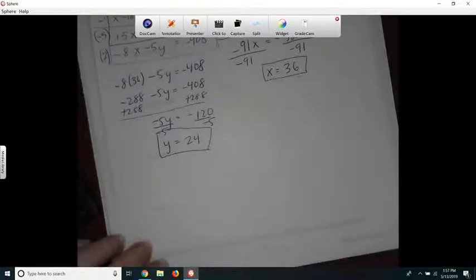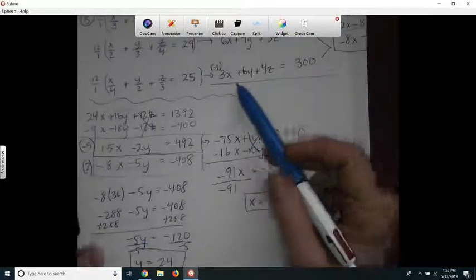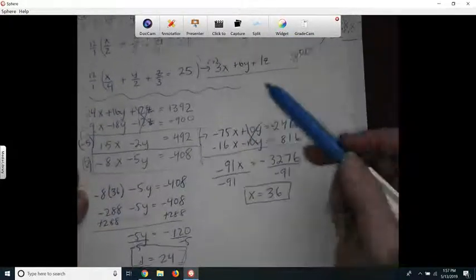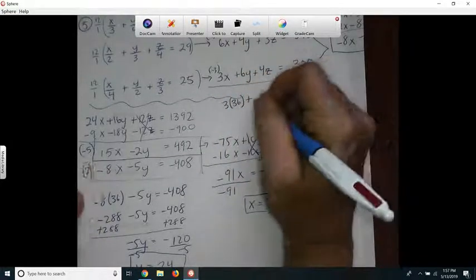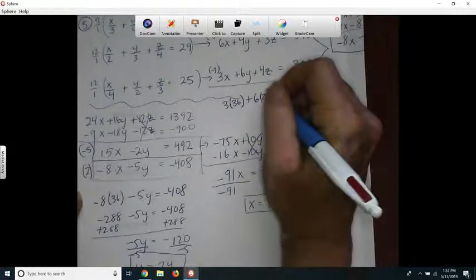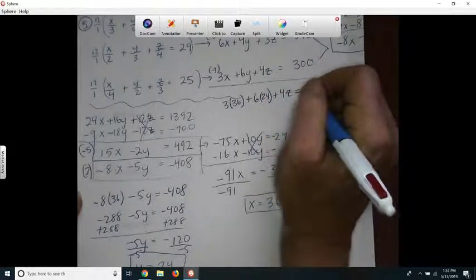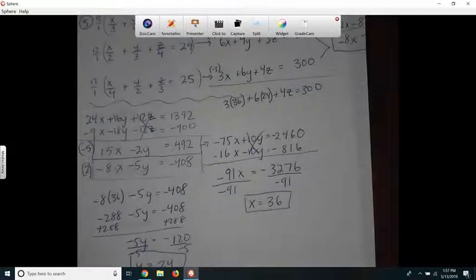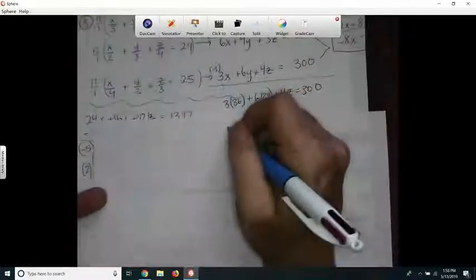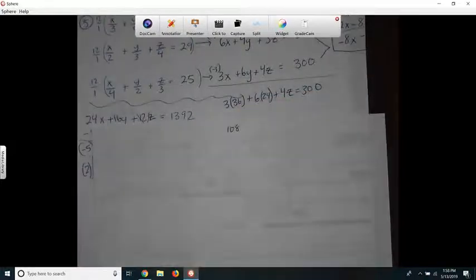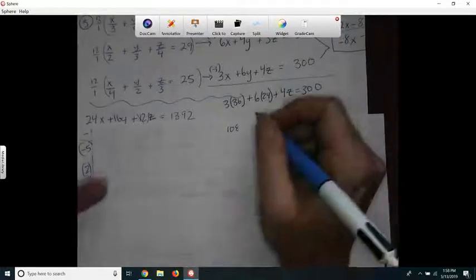And then z, I should be able to plug this in somewhere and find z. I feel like maybe this one up here isn't too bad. So I know x is 36, and I know y is 24. So, oh boy, okay, 36 times 3 is 108.